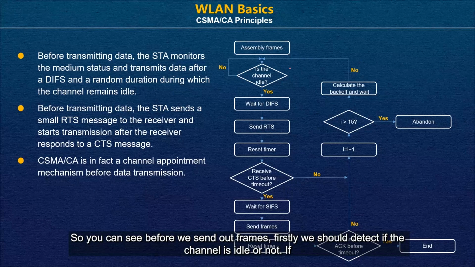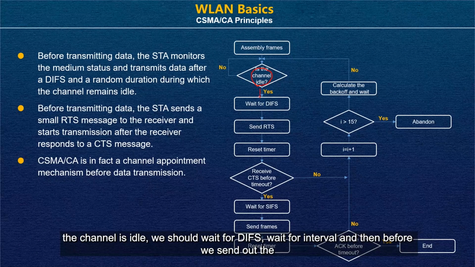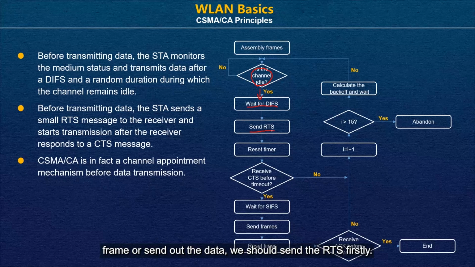So you can see, before we send out frames, firstly we should detect whether the channel is idle or not. If the channel is idle, we should wait for DIFS, wait for the interval. And then, before we send out the frame or the data, we should send the RTS firstly.